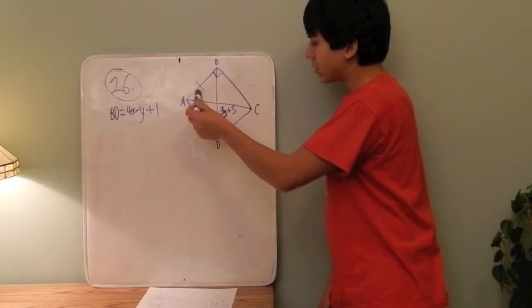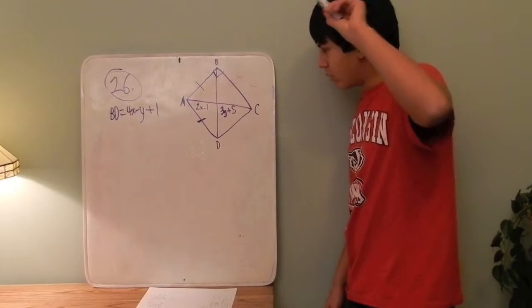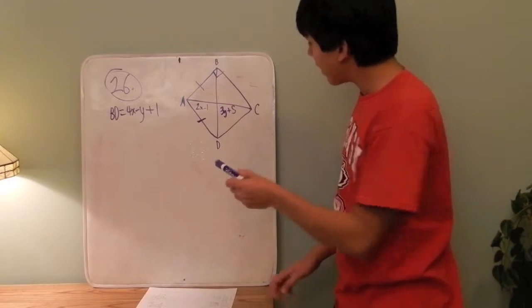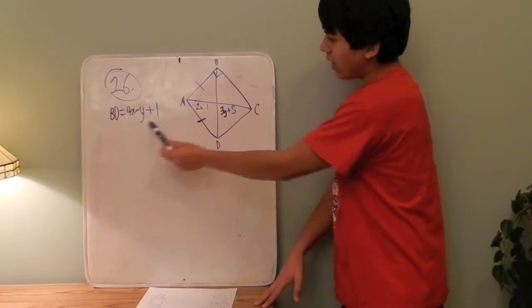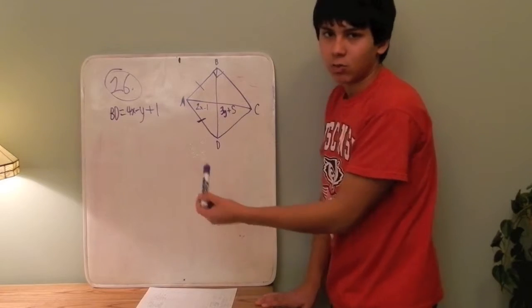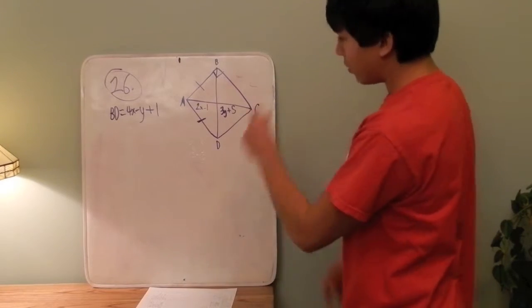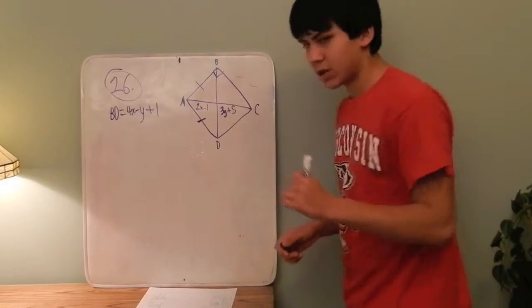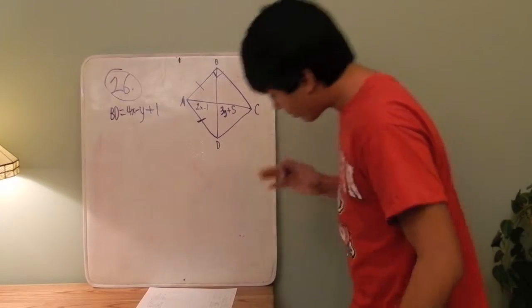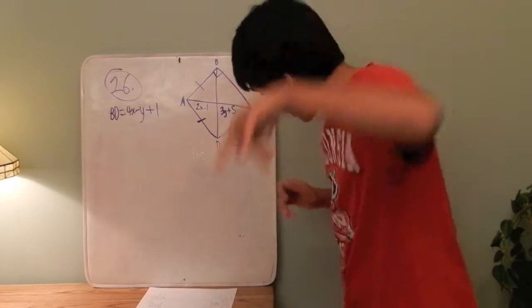These parts are congruent, so they're equal to each other. And then BD, this line, is equal to 4x minus y plus 1. Now we'll get to that later. First off, we're going to find x.